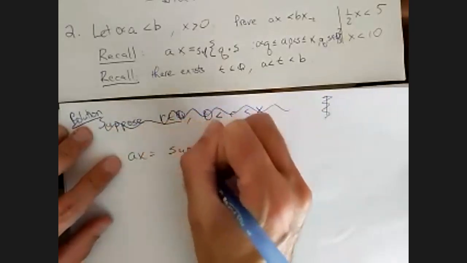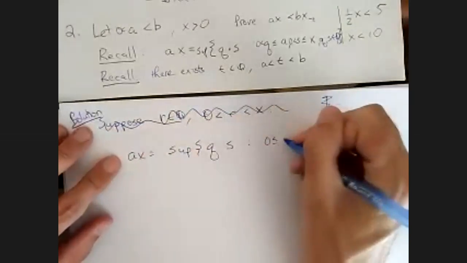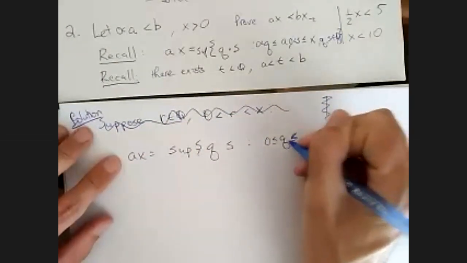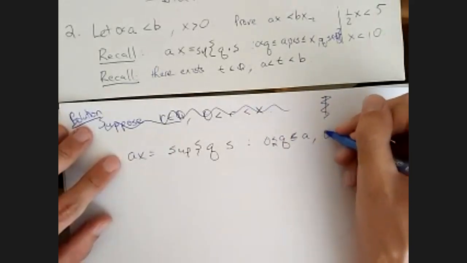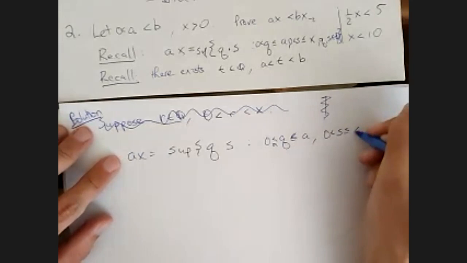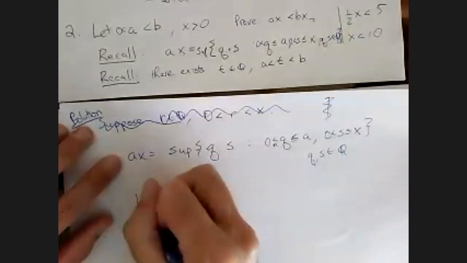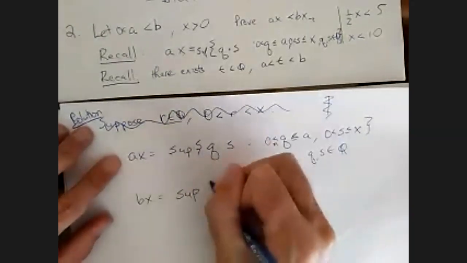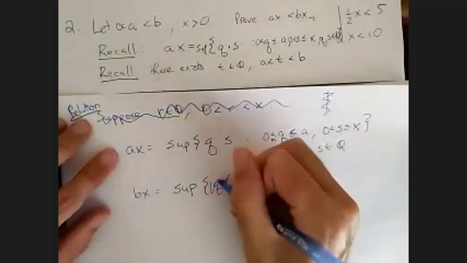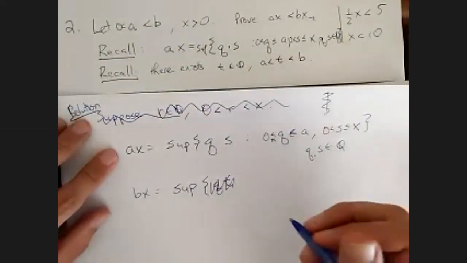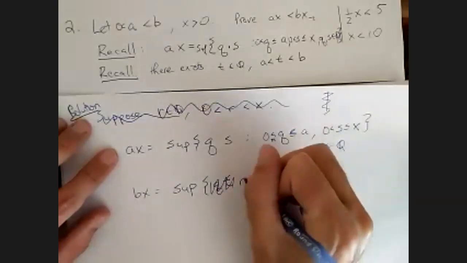AX is the sup of the Q times S's such that Q is less than or equal to A and S is less than or equal to X. Q and S are rational, and BX is another supremum, which we'll write as RS.